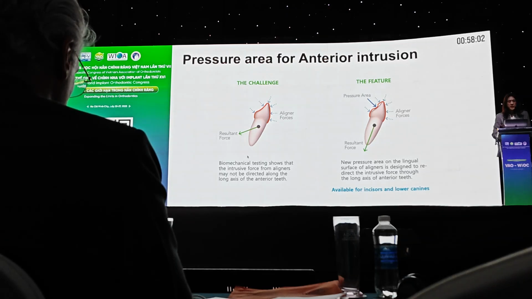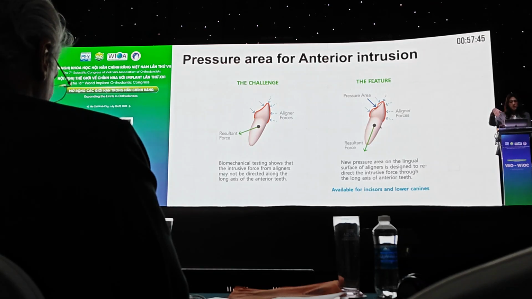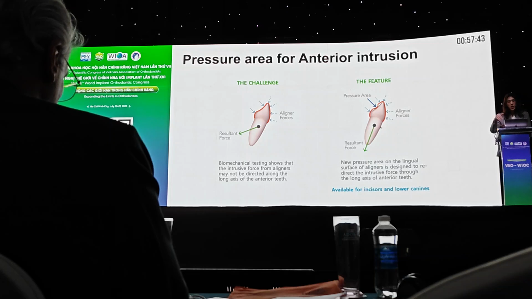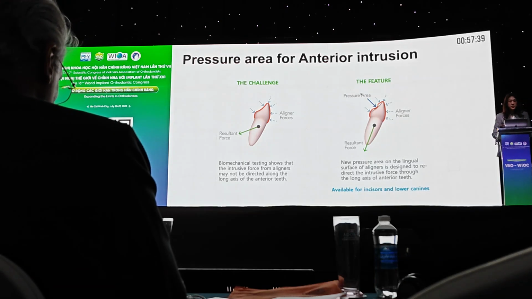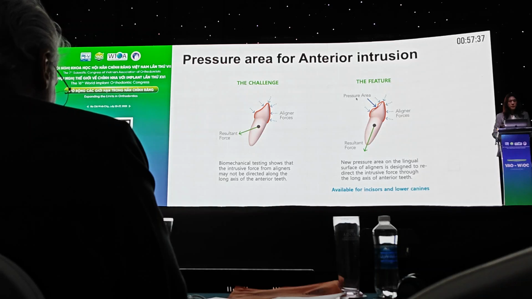So what they did is they wanted to change this vector for lower incisor intrusion by adding this pressure area here in the lingual of the lower incisors to change this vector to a more true intrusion along the tooth axis. So that's why they added the pressure area for lower incisor intrusion.